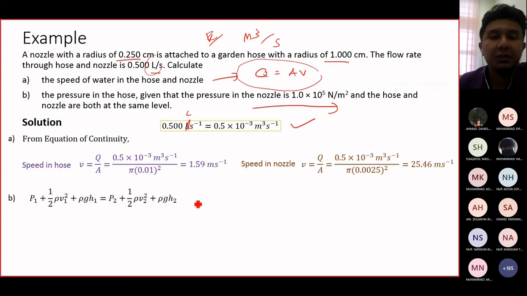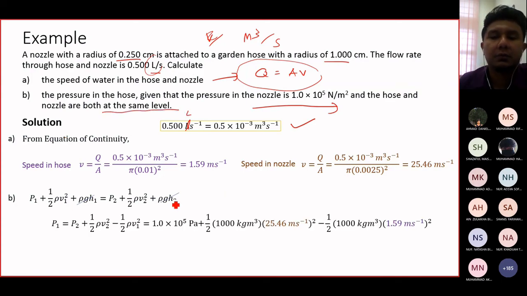And for this equation, we cancel off the term because it is at the same level, and you will get this answer. Very easy. Just go back and try to calculate. Maybe if we practice a lot, we can overcome our carelessness.